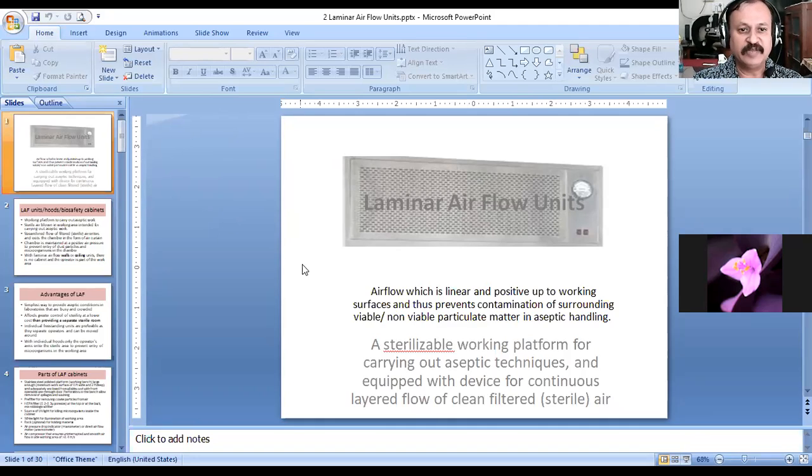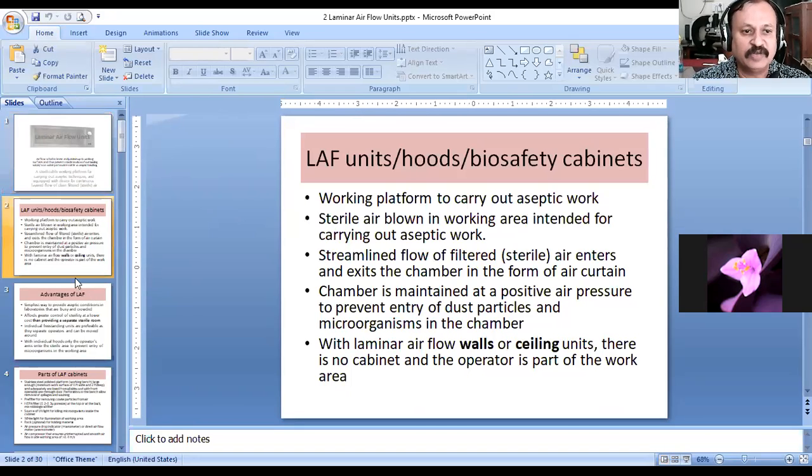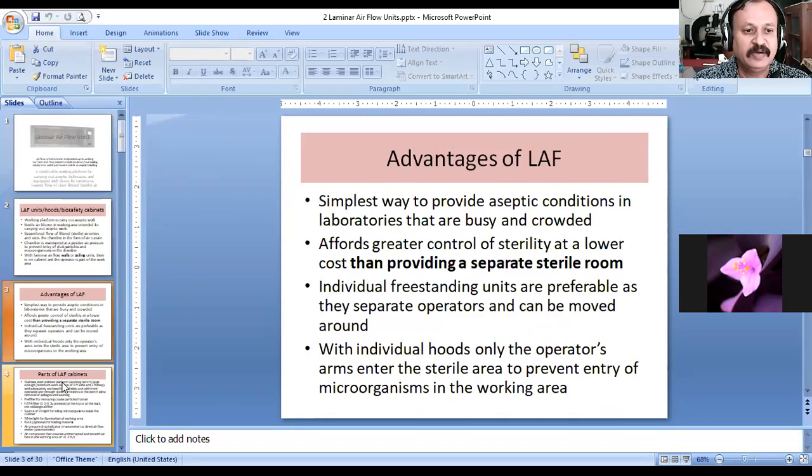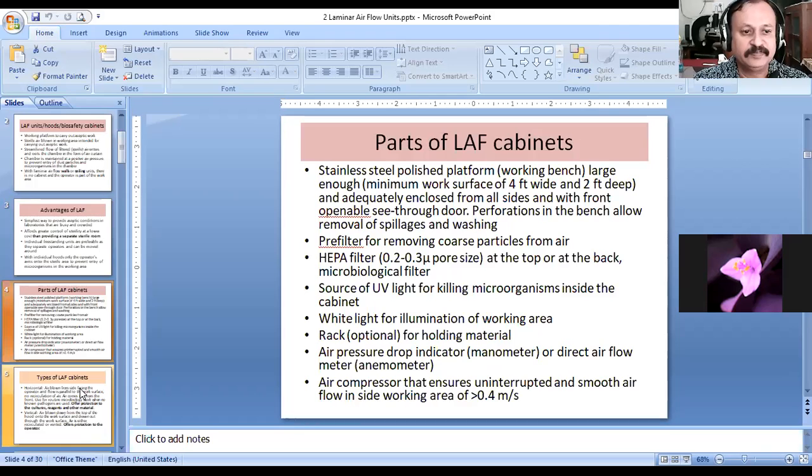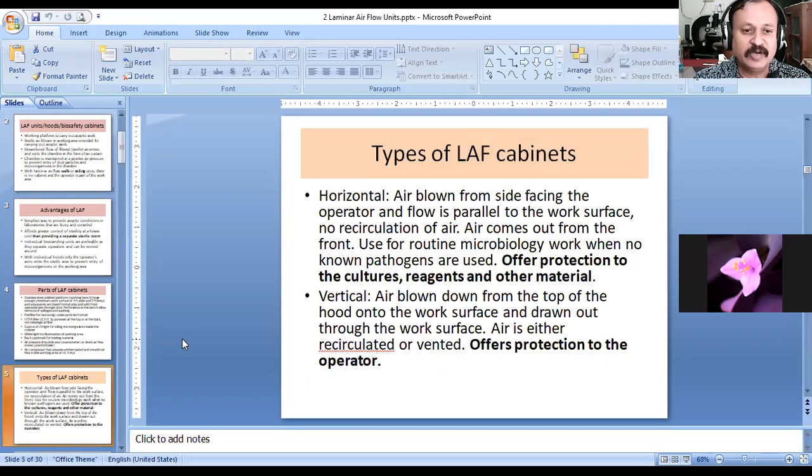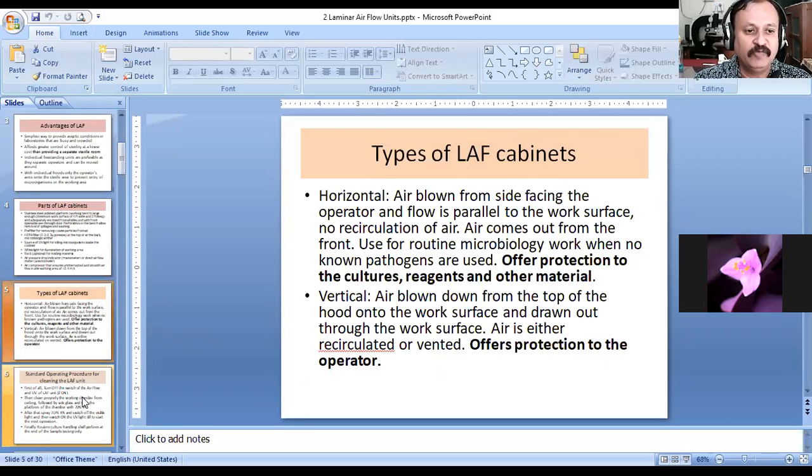I think yesterday we have seen some introductory aspects of the laminar airflow. I told you about what it is, the construction of the laminar airflow cabinet, and advantages. We have seen the two important types of laminar airflow cabinets, the horizontal one and the vertical one.